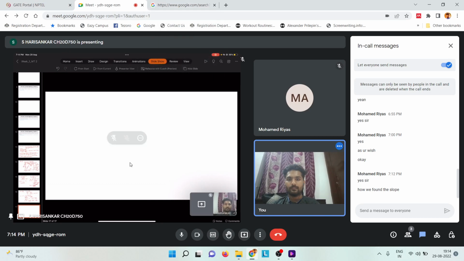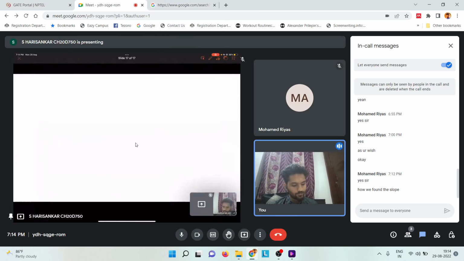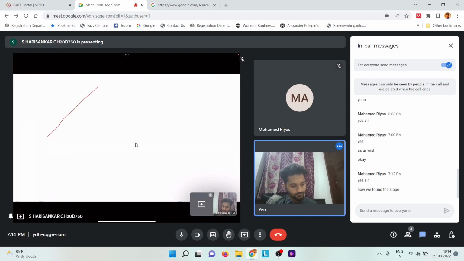So let's say you have a straight line like this. This is the x-axis and this is the y-axis. So any straight line can be represented by this equation y is equal to mx plus c.